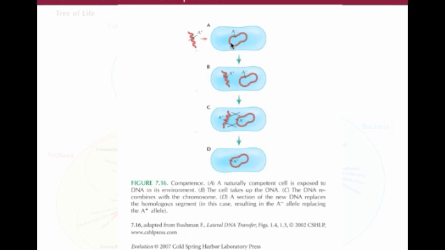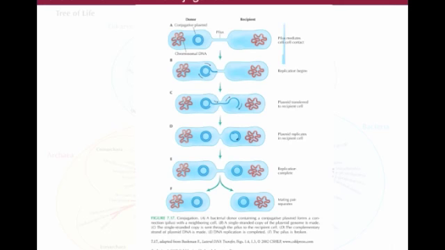There are some bacterial species that do this routinely as a part of their life cycle, and it's just generally called competence. There's also conjugation in a lot of bacteria. This is in some ways the equivalent of sexual reproduction, although it doesn't work in exactly the same way.